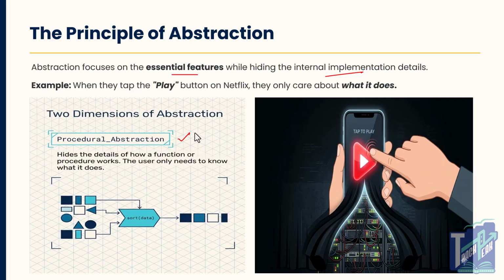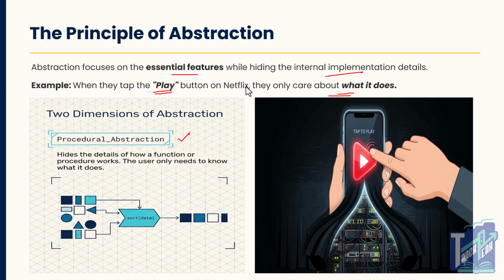For procedural abstraction, let's take an example. On the Netflix OTT platform, when the user taps the play button, they only care about what it does. For example, a user new to the Netflix OTT platform opens the app and sees a play button.